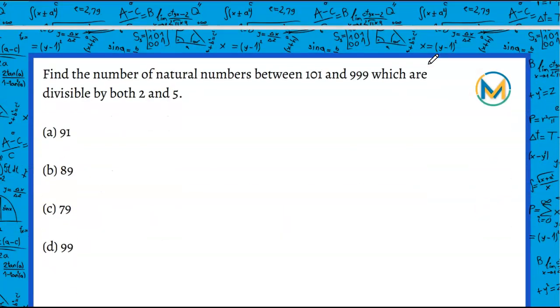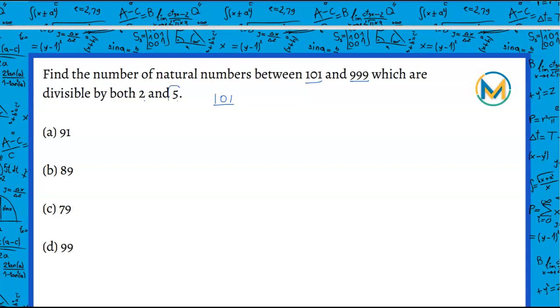The next question is: find the number of natural numbers between 101 and 999 which are divisible by both 2 and 5. We begin with the natural number 101 itself. It's neither divisible by 2 nor 5. So it's easy.